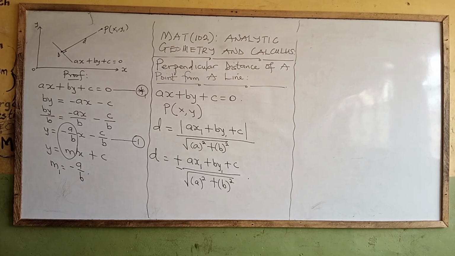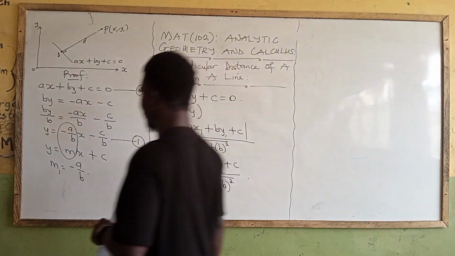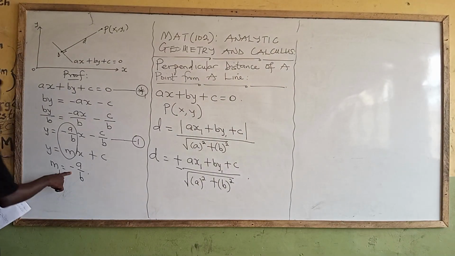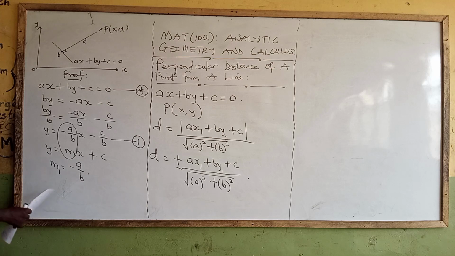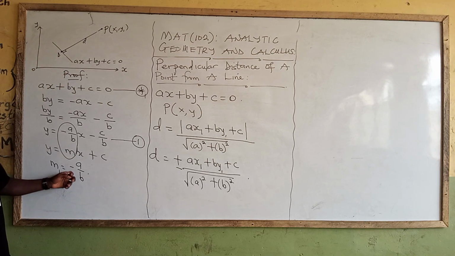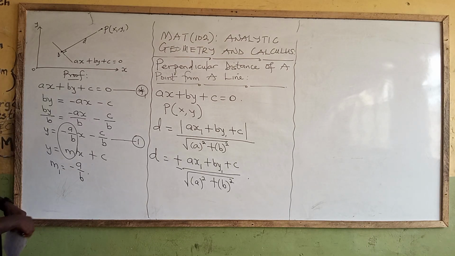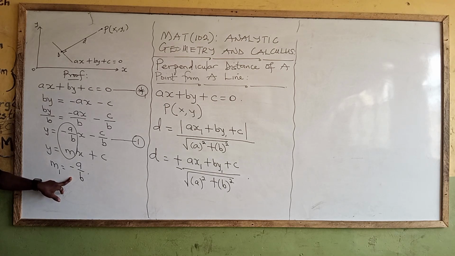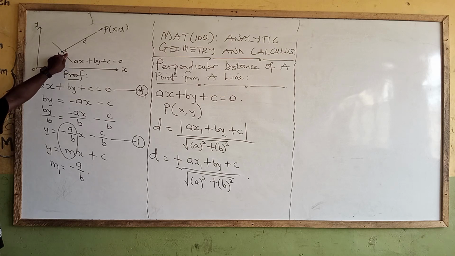Alright, so let's continue. So now we have our gradient 1, which is negative a over b. Now, we can take the negative reciprocal of this gradient. Our reciprocal will be b over a, right? Now, why are we doing that? Because they are perpendicular.